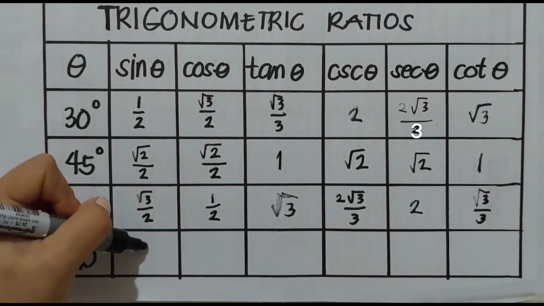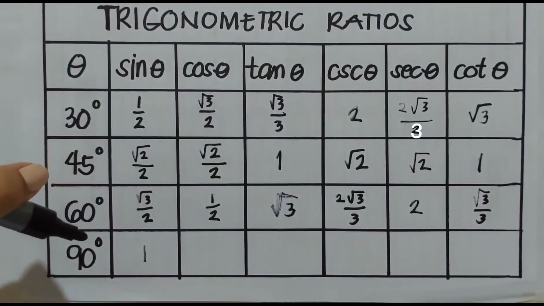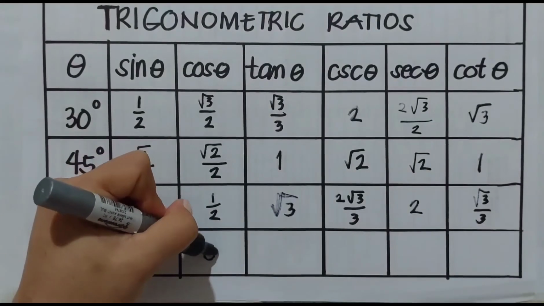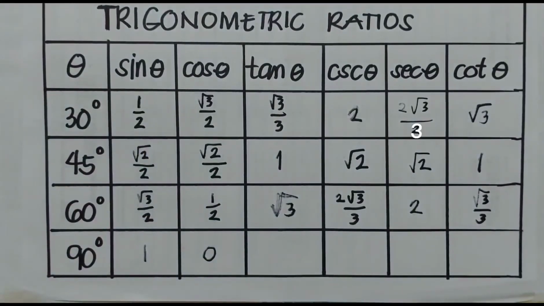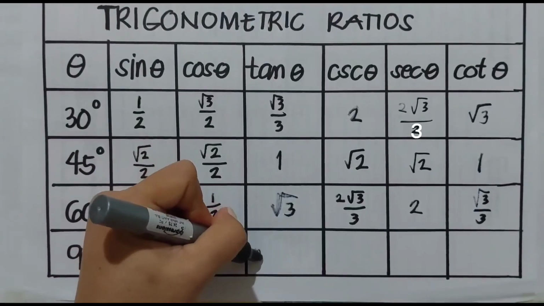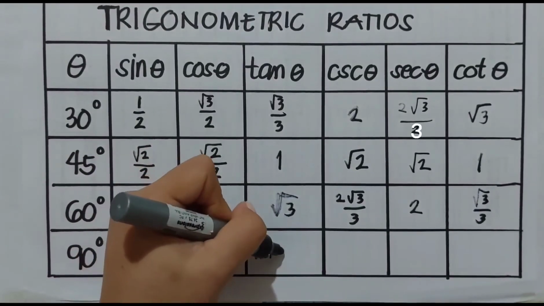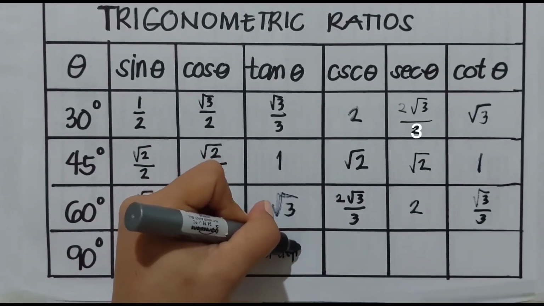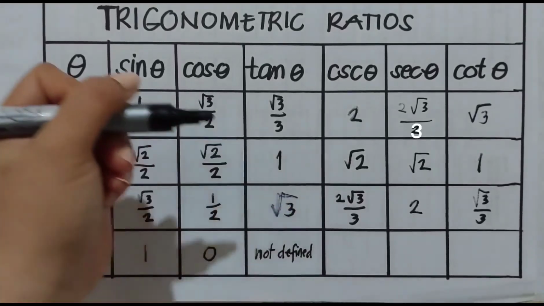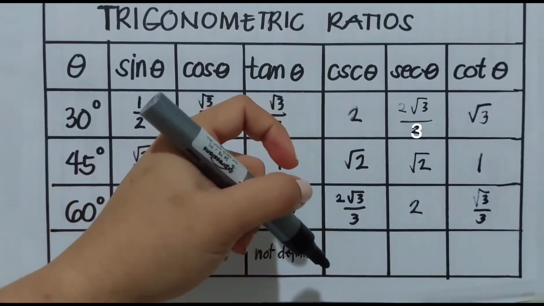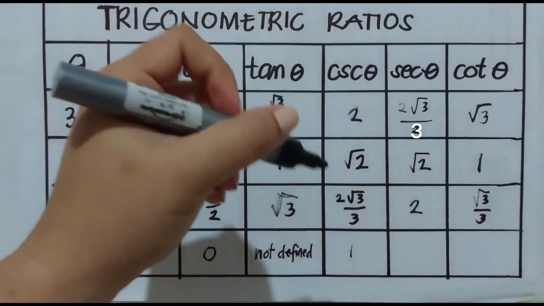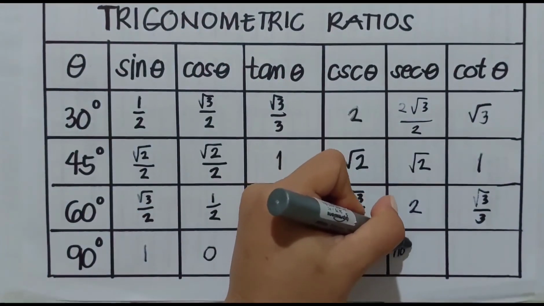Okay, so I also added the 90 degrees. So, sine 90 degrees, that is 1. And cosine 90 degrees is 0. Then, you have here tangent that is not defined. Okay. And cosecant is 1. And secant is not defined.